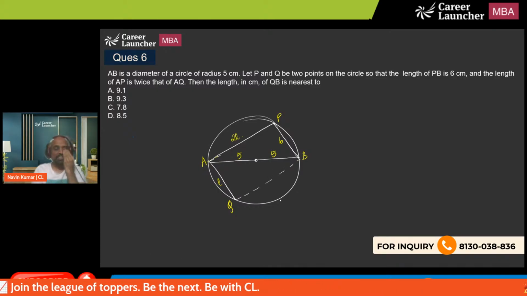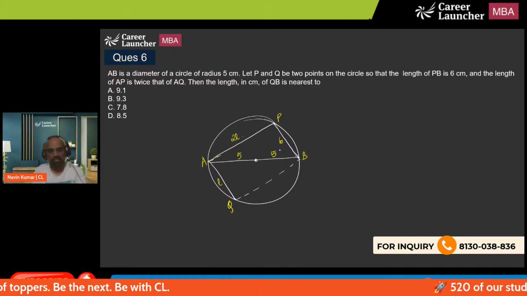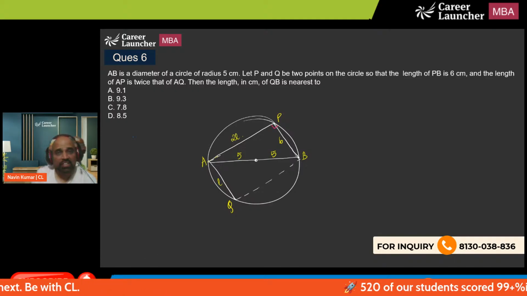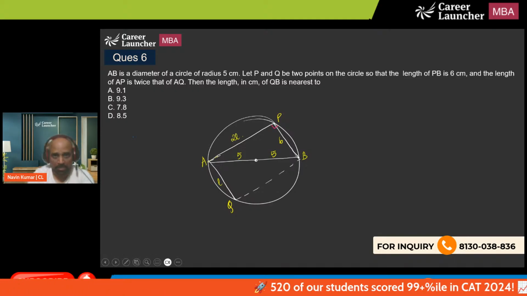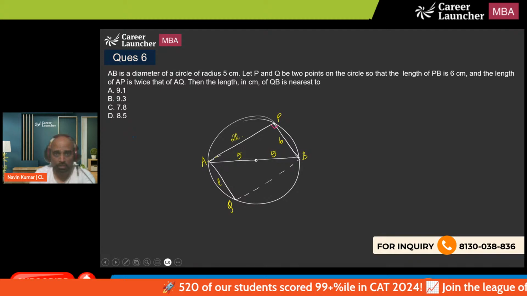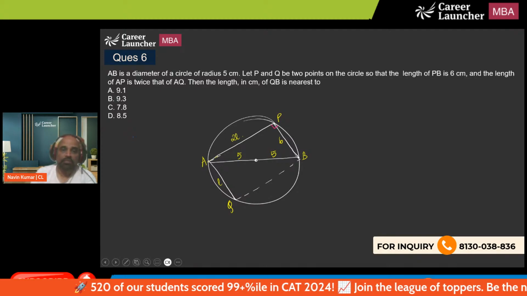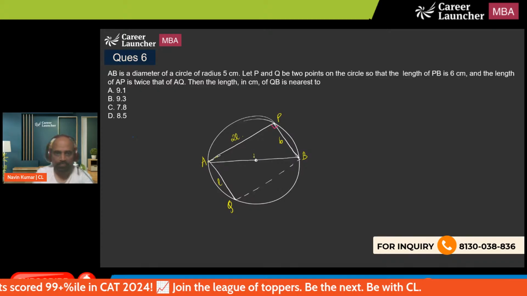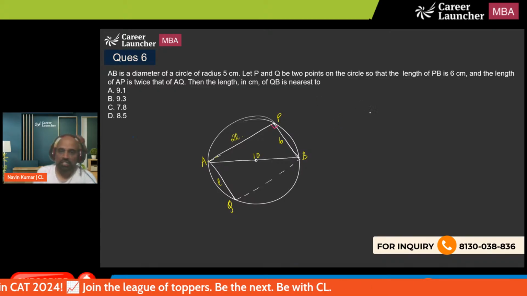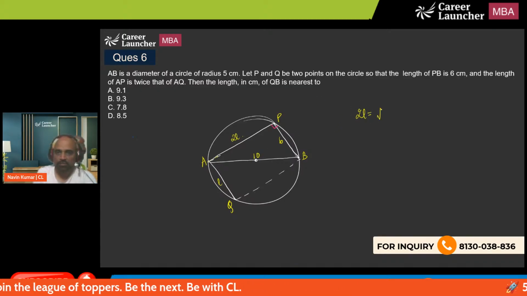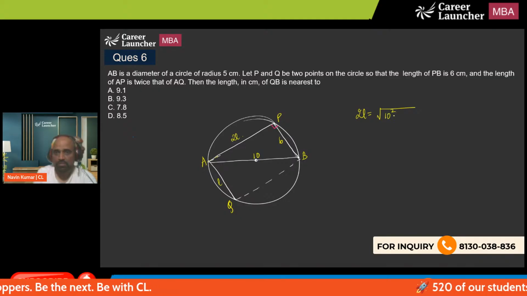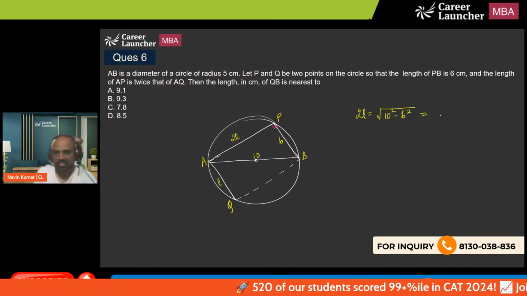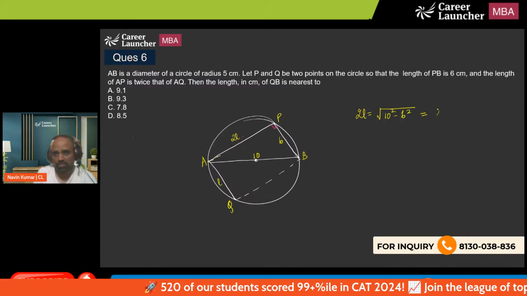So what we see here is APB is nothing but a right angle triangle. It's the triangle subtended by the diameter of the circle onto one of its points on the circumference. तो Pythagoras लगाते हैं. So the length of 2L will turn out to be 10 square minus 6 square, which is going to be 100 minus 36, which is 64 ka square root, which is 8.